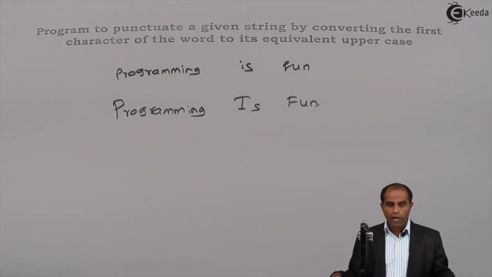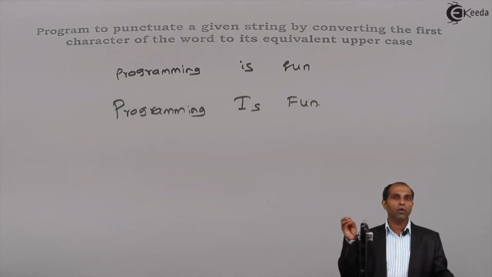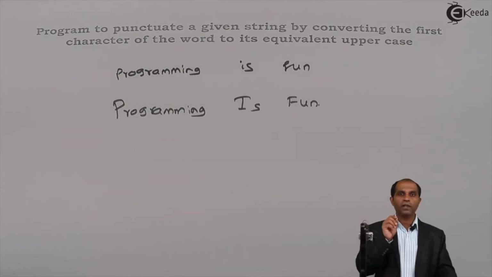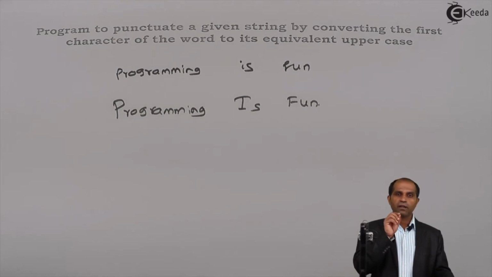So now I have to identify what needs to be converted and what need not be converted. Which characters are supposed to be converted? Am I supposed to convert the entire string to uppercase? No. I'm supposed to identify a place where the character should undergo change. I have to identify something unique at that point.